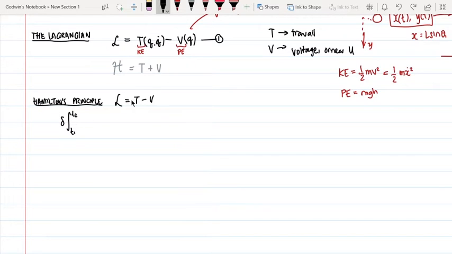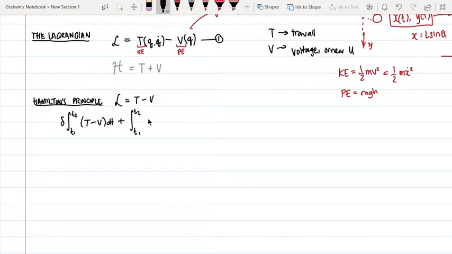Okay, so I'm going to put in the T minus V here, T minus V dt plus, okay, so this is actually the part of the equation that's more important for us. Kasi this one is when we introduce external forces into the system.